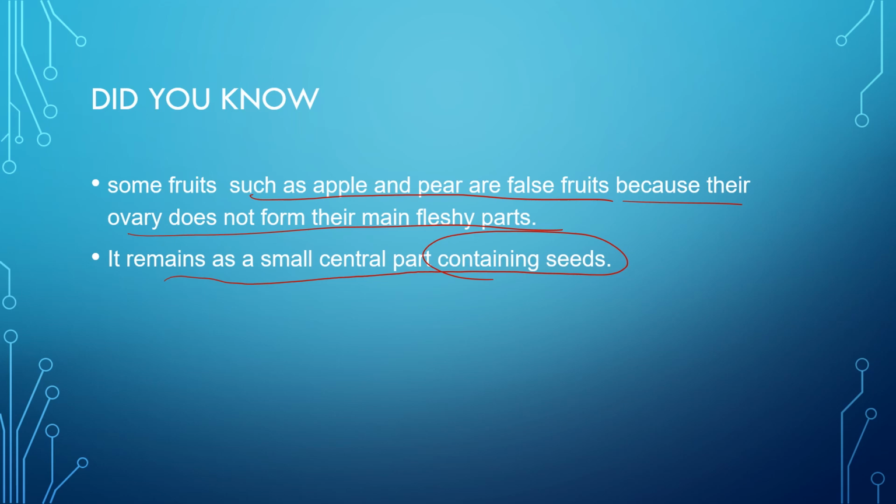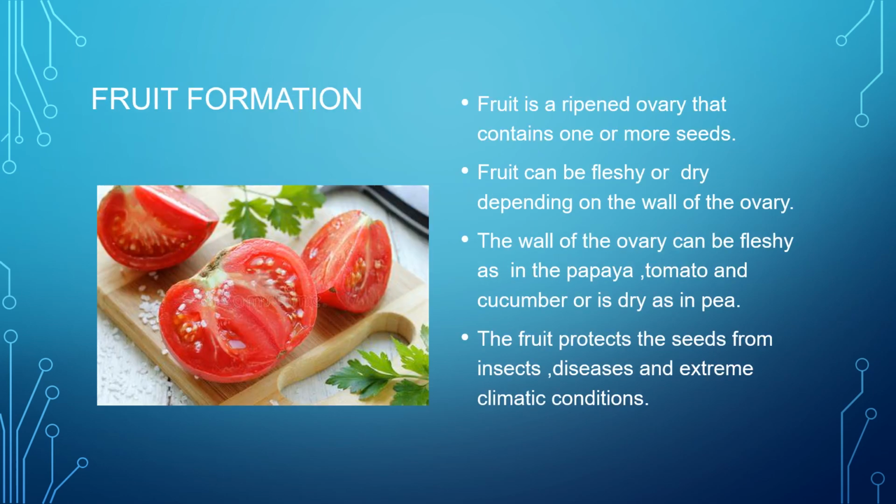The central part is the ovary, the small central part which contains the seeds, that is the ovules. So that is an exceptional case. Pears and apples are called false fruits.